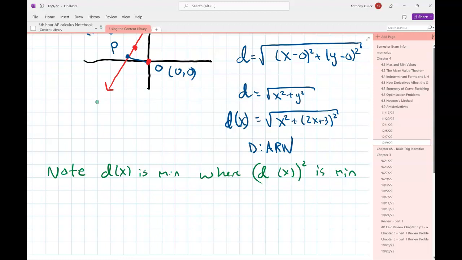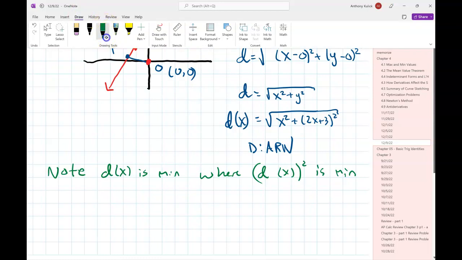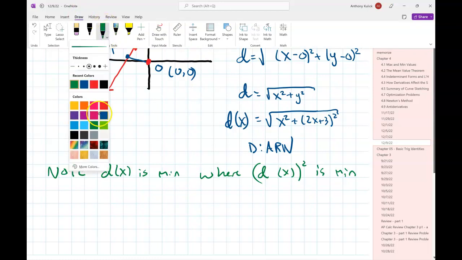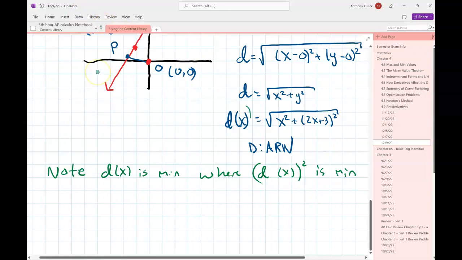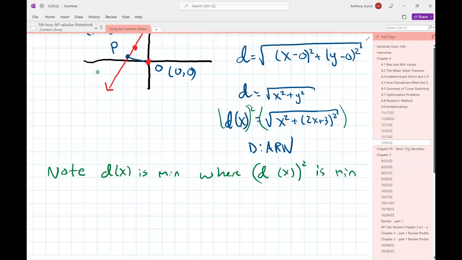Everybody agree with that? So I'm going to do that. Why is that helpful to me? Yeah, it just makes the derivative massively easier to deal with.